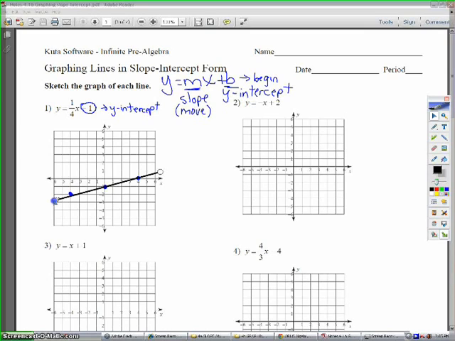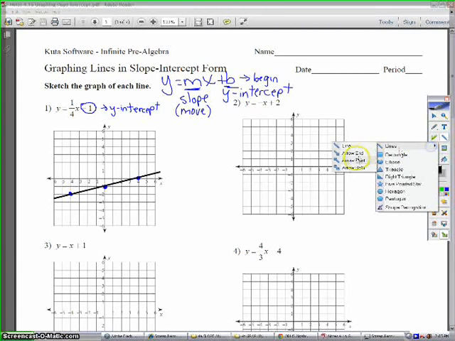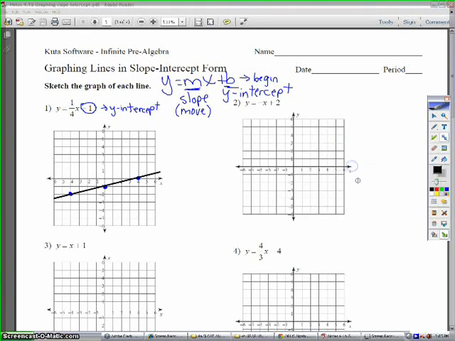Okay, and there I have my line. And I think I can make it with the arrows on both sides. Arrow both. It didn't do it this time. Okay, so this is how we're going to graph our equation.